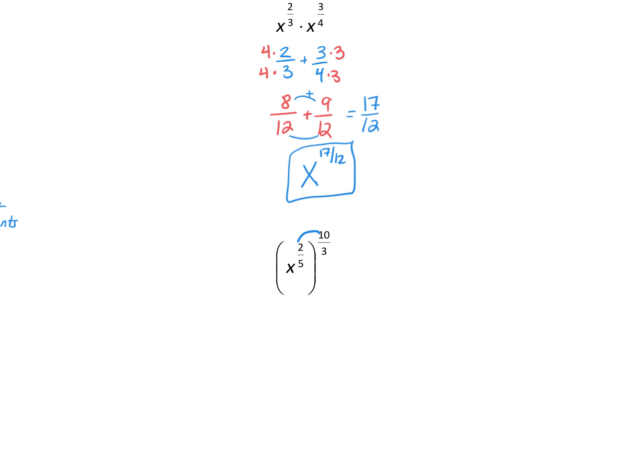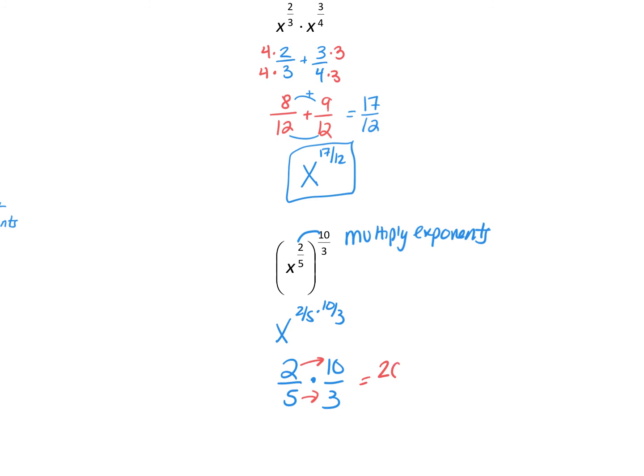All right, power to a power now, we're going to multiply our exponents. So I'm going to have x to the 2/5 times 10/3. So 2/5 times 10/3. Now multiplying is different. When we multiply, we multiply the top numbers and we multiply the bottom numbers. So 2 times 10 is 20. 5 times 3 is 15.